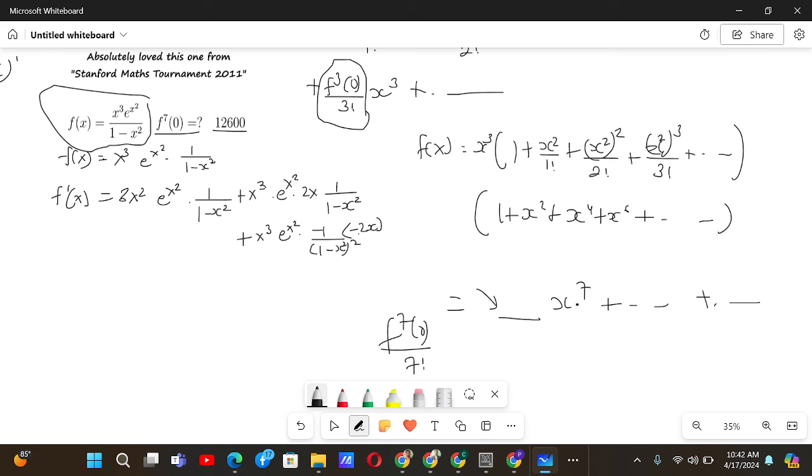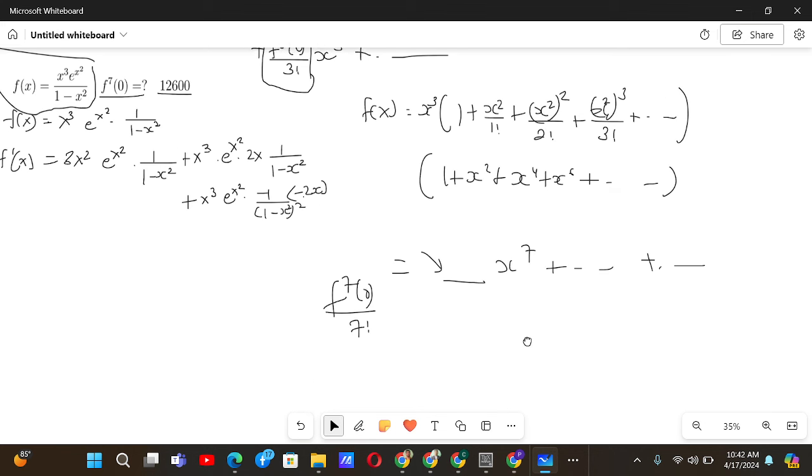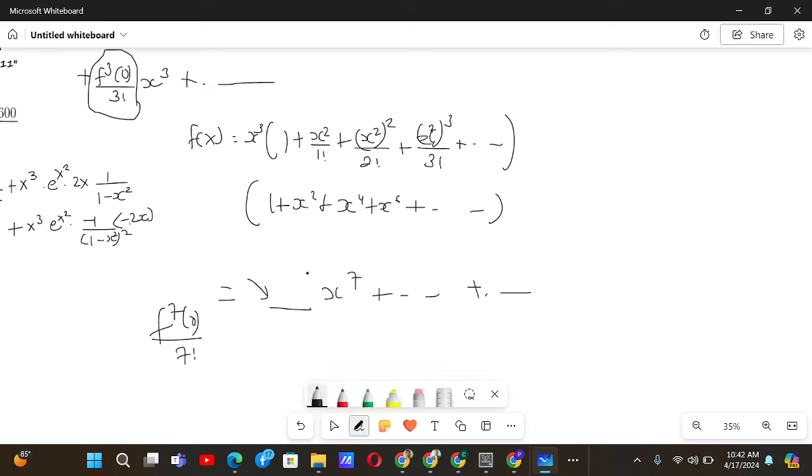Now let us see all the ways we can have x to the power 7. Since there's already an x cubed from the product, we want to generate x to the power 4. The ways to generate x to the power 4: take 1 from here and x to the power 4 from here; x squared from here and x squared from here; or x to the power 4 from here and 1 from here. So all the ways we get x to the power 7 give us 1, plus 1, plus 1 by 2 factorial.